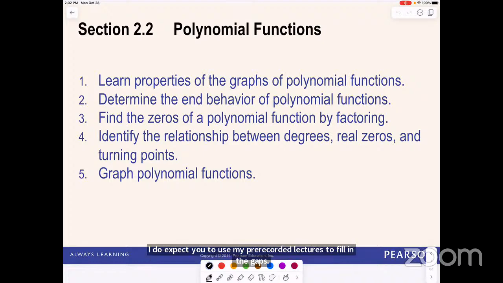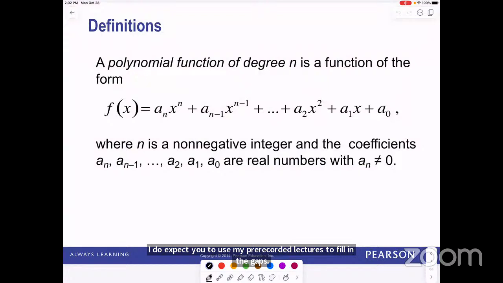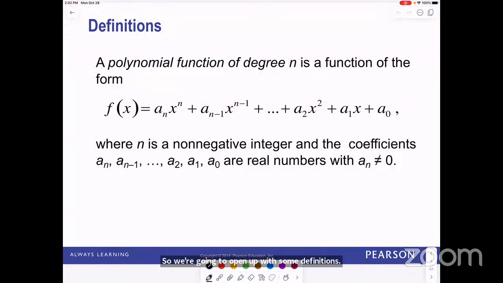So we're going to open up with some definitions. A polynomial function of degree n is a function of this form, where n is a non-negative integer and the coefficients a_{n-1}, all the way down to a1 and a0, are real numbers where an is not equal to 0. All right. So we're introducing what we mean by a polynomial. I like to describe a polynomial as a finite sum of monomials.